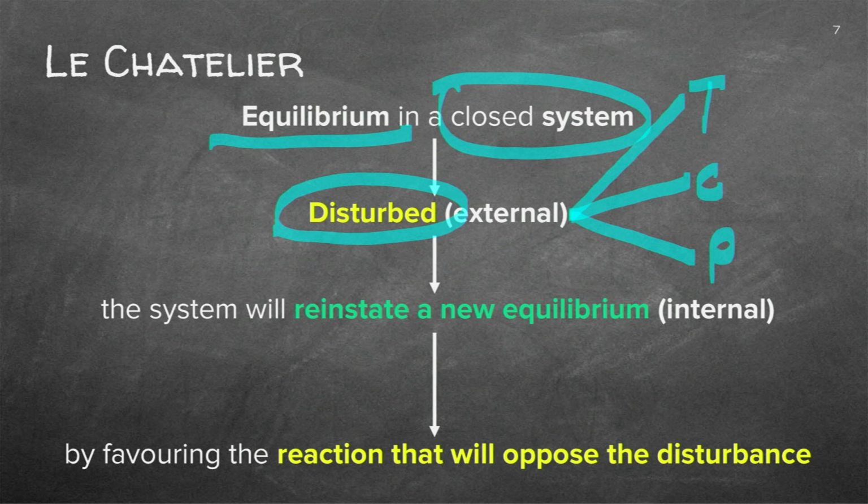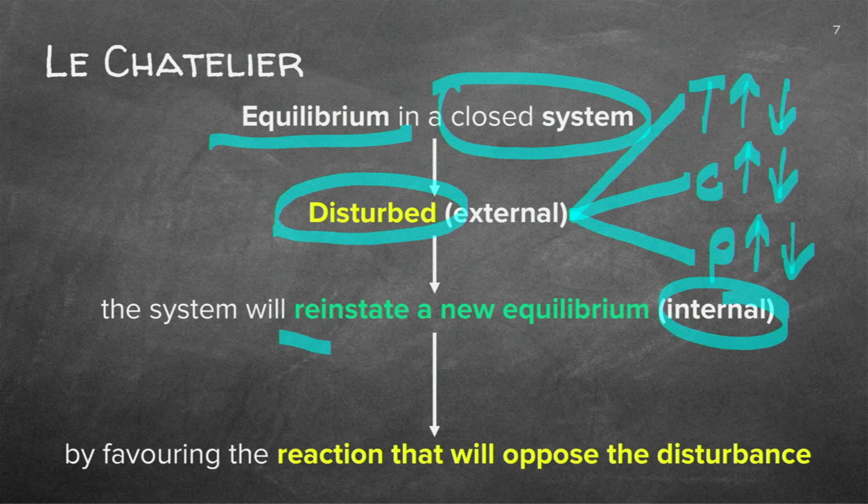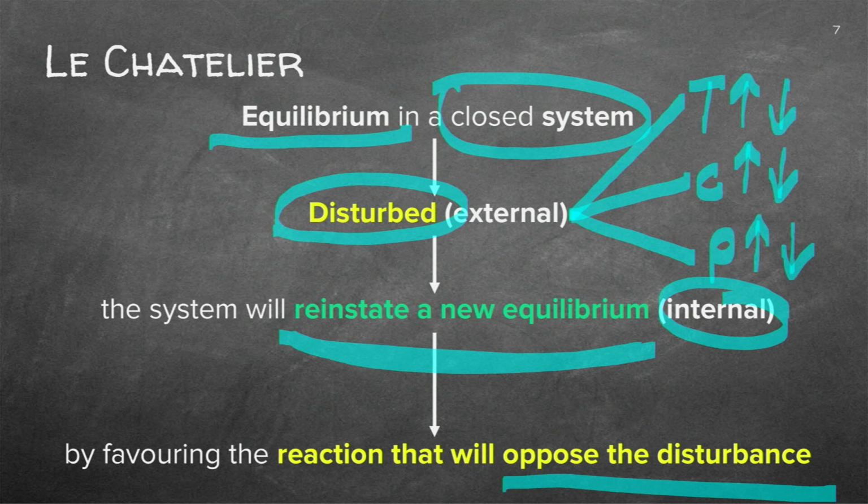You can actually, on a Sasol plant, either increase or decrease the temperature. You can throw more reactants in or make it more concentrated or less, or you can change the volume to increase the pressure or decrease the pressure. That disturbance will have an internal effect which will try and reinstate by opposing the disturbance.